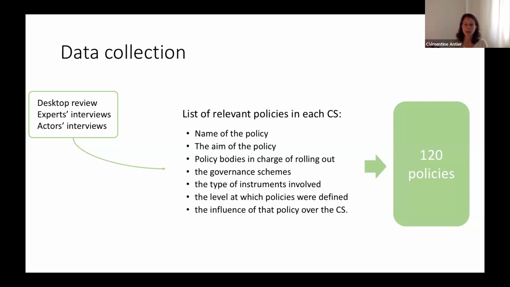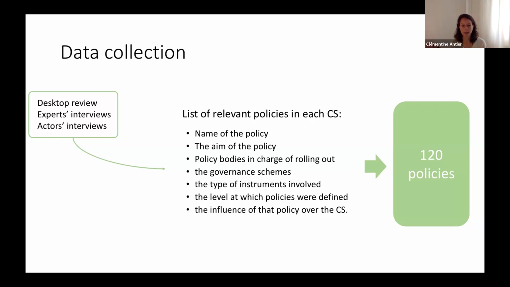So this can be policies that generate a certain context to the case study, or that directly impact the actors of the case study. And for each of those policies, we ask some details. So not only the name and the aim of the policy, but also which policy bodies have designed this policy and are in charge of rolling it out. What types of instruments are involved, at which level they were designed, and what is the influence of that policy on the case study.